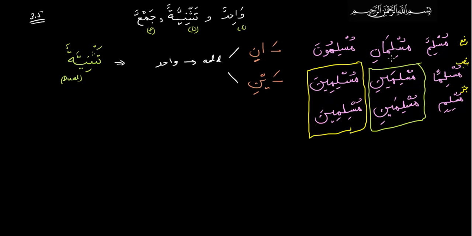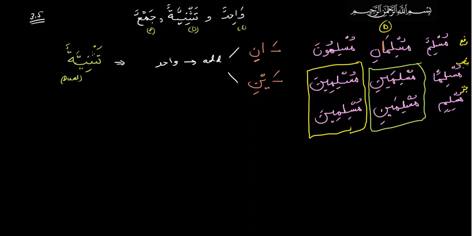So this is singular, this is dual. So we're talking about dual particularly now. So when you're making a dual, how do you make a dual? You make a dual by adding ani, or aini, right?